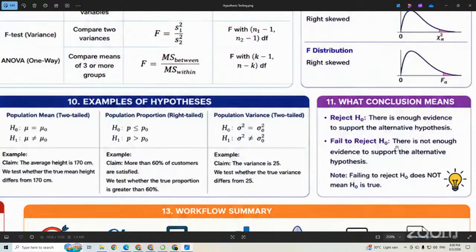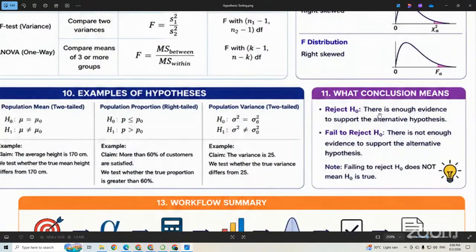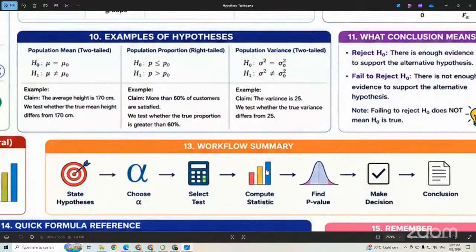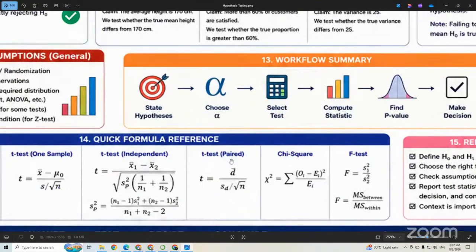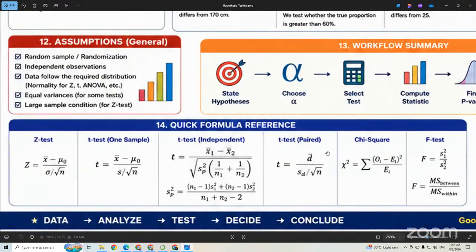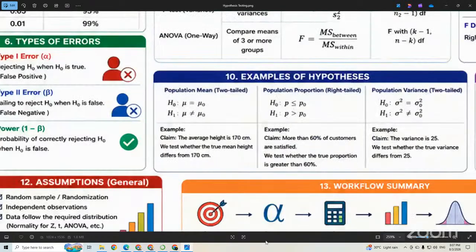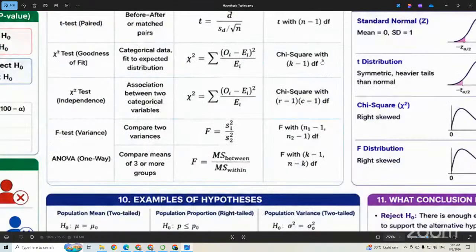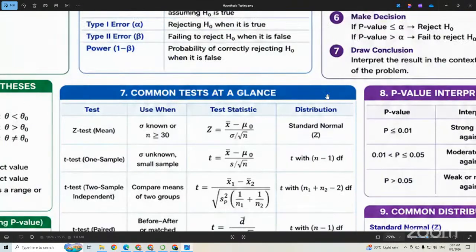You can also go through the other information, and these are what the conclusions mean. Reject H0: there is enough evidence to support the alternative hypothesis. Fail to reject H0 means there is not enough evidence to support the alternative hypothesis. So this is all about the tests we are required to apply, and the main tests are here. Let's see how we can apply all this by presenting one example.